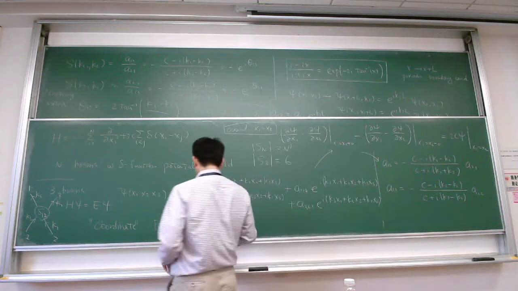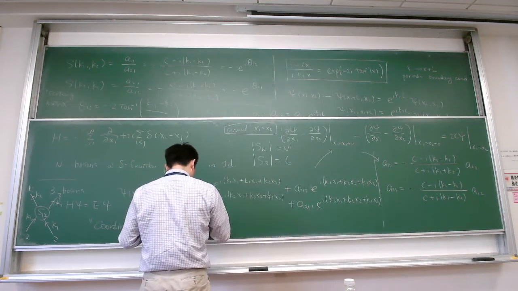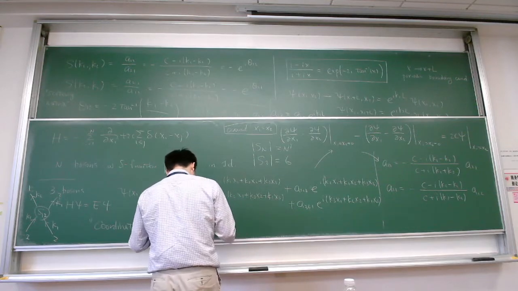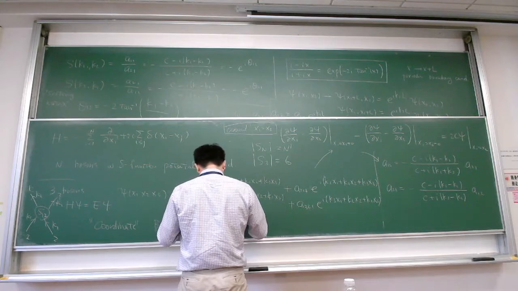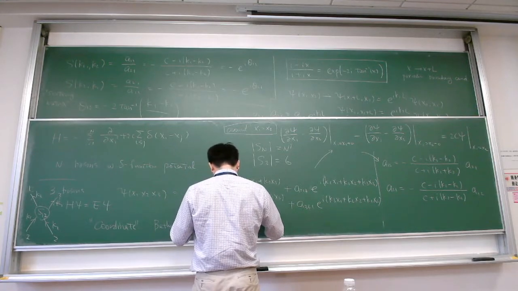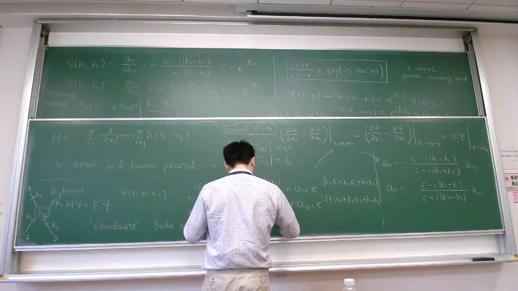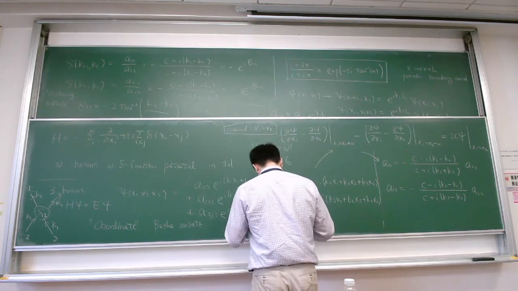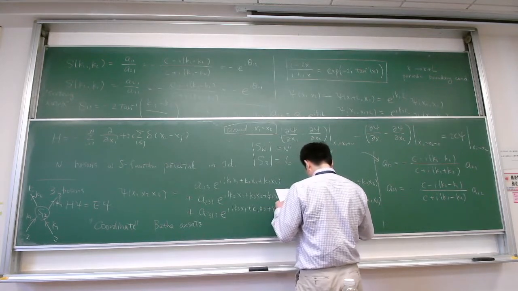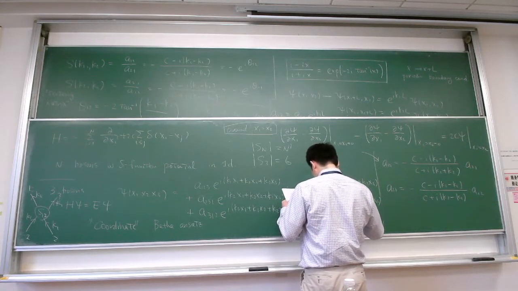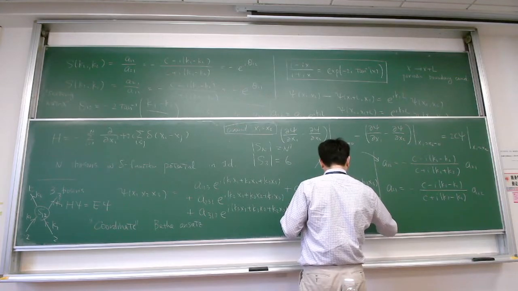And then you have two more terms: A(3,1,2) e^{i(k3 x1 + k1 x2 + k2 x3)} plus A(1,3,2) e^{i(k1 x1 + k3 x2 + k2 x3)}.